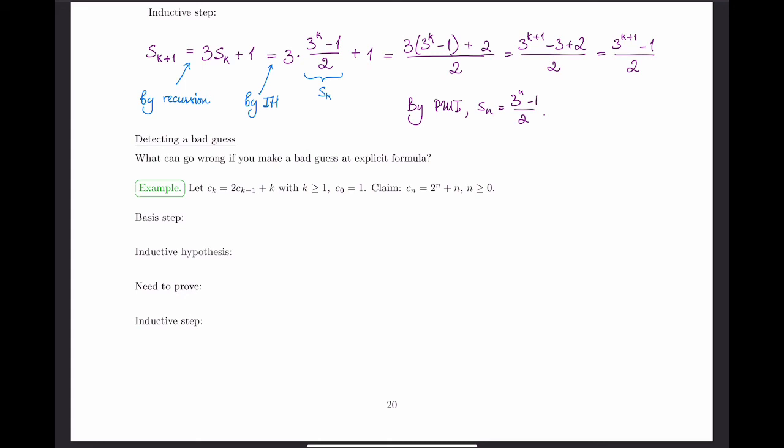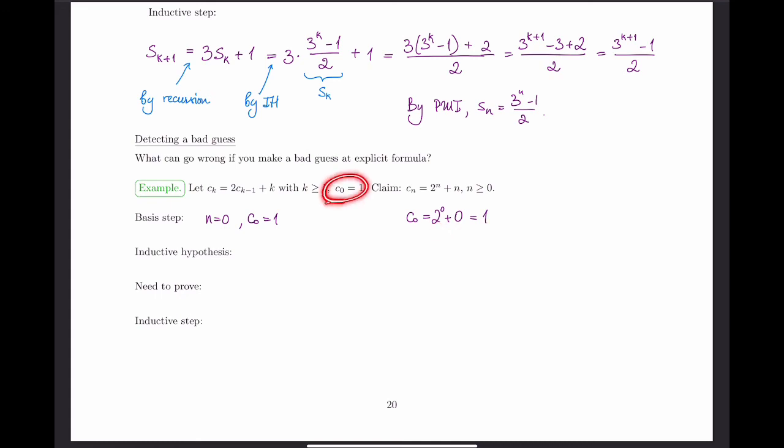So my basis step is n equal to 0. And what I have here is that I am given that by the recursion, C_0 is equal to 1. Now that's by recursion. So what does the formula that I'm trying to prove actually give me? C_0 is equal to 2 to the power 0 plus 0. And what do I have? 2 to the power 0 is 1. 1 plus 0 is 1.